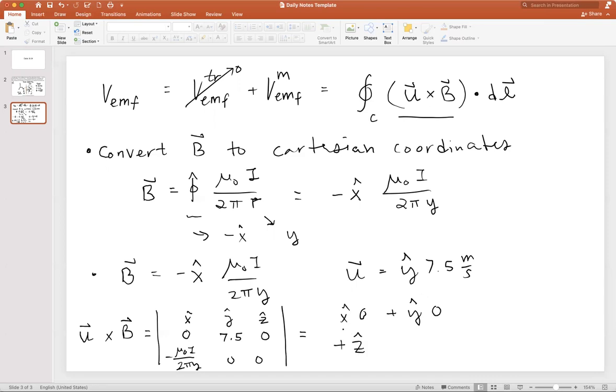But then in the Z direction, I have 0 multiplied by 0, minus 7.5 multiplied by this quantity. So I'll write this as 7.5 times this.